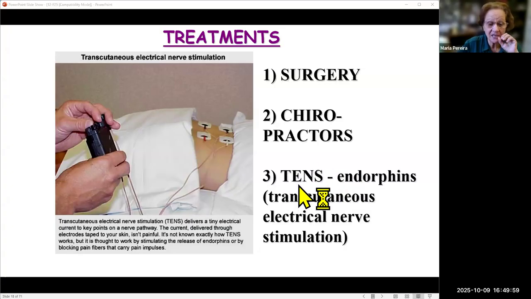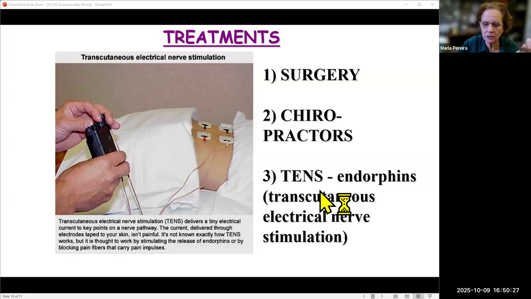What it does, it generates some electrical signals that activate the nerves around the area that is being damaged. And this electrical stimulus induces the release of endorphins. Endorphins are hormones released by the pituitary gland in the brain, and they are like our natural opioids.